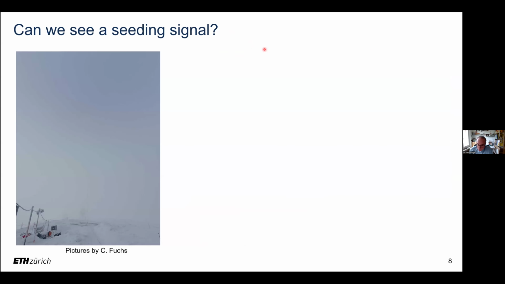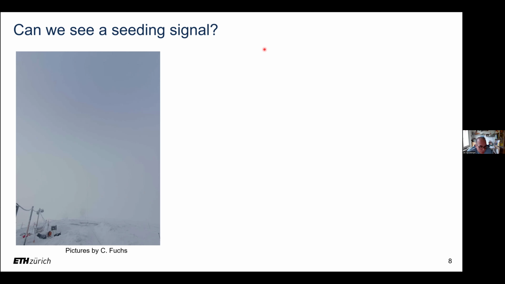Okay, could we actually see a seeding signal? We were not sure whether, by just putting 20 grams of ice active material into the cloud, we could really change a cloud. Before I go to scientific data, I thought I'd start with a picture. It's sometimes stronger to see it.